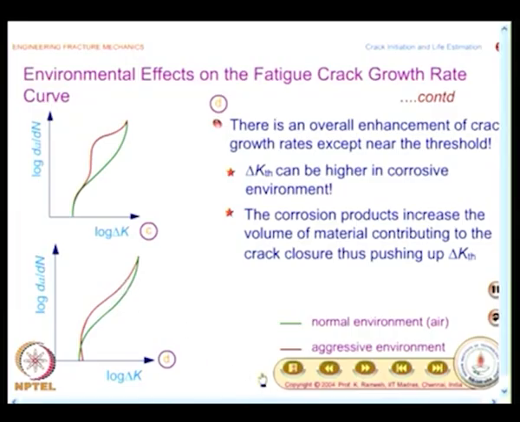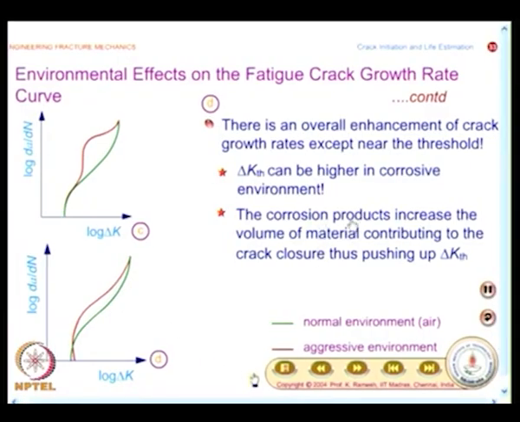This happens when the corrosion products increase the volume of material contributing to crack closure, thus pushing up delta K threshold. We will spend sufficient time on what is crack closure. Once you understand this, then you can appreciate that delta K threshold can increase under suitable conditions.